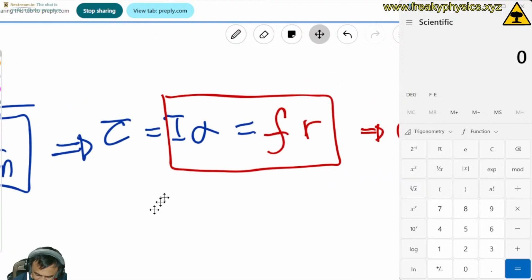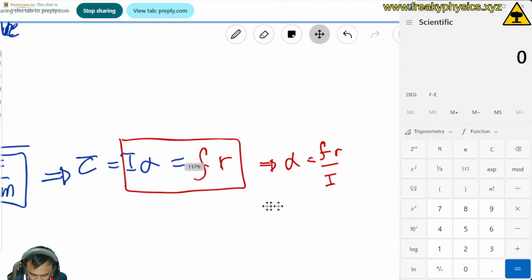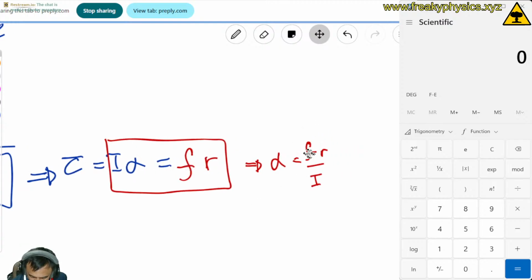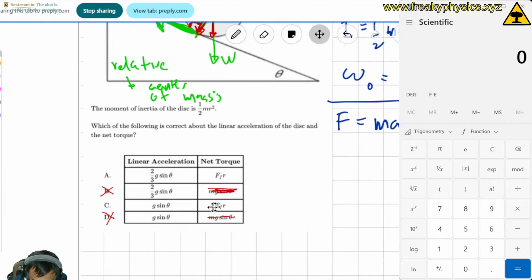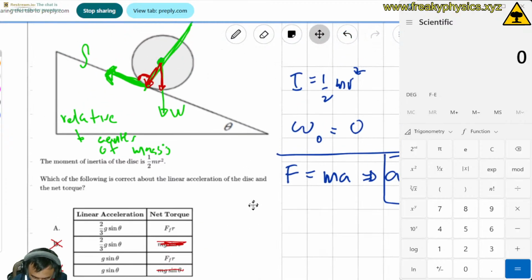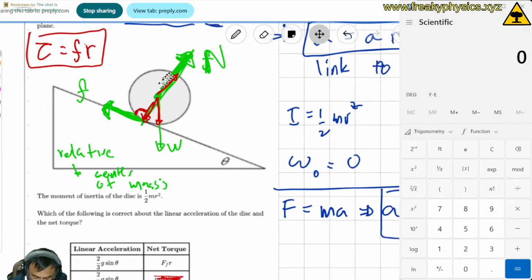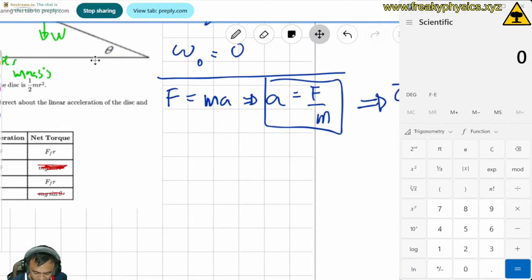If we put this in here, let's go back, zoom out to that. So we have something times r over I, right? Now, one last thing here. We need to know what n is.